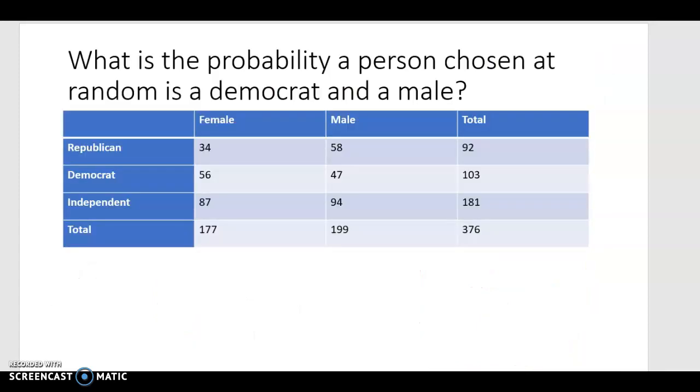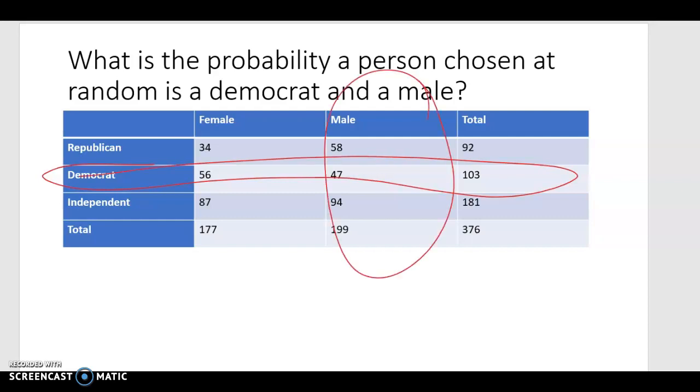Now let's look at a contingency table, doing kind of the same thing. What is the probability a person chosen at random is a Democrat and a male? We are looking at the intersection, right? And. So here's my Democrat line, here's the male line, and if I want Democrat and male, I'm looking at where they overlap.